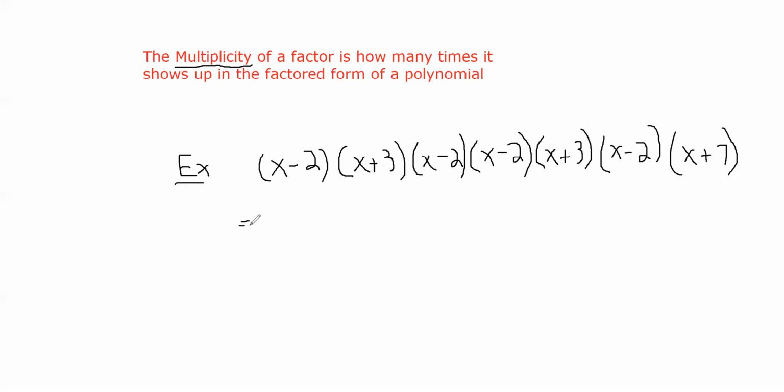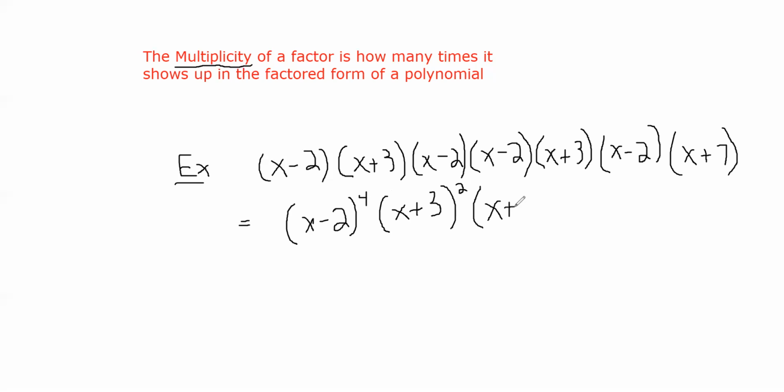In fact, you can use just exponents, since all these are just being multiplied together. That's just x minus 2 to the 4th power. x plus 3 shows up twice, so that's just x plus 3 squared. x plus 7 shows up just once.